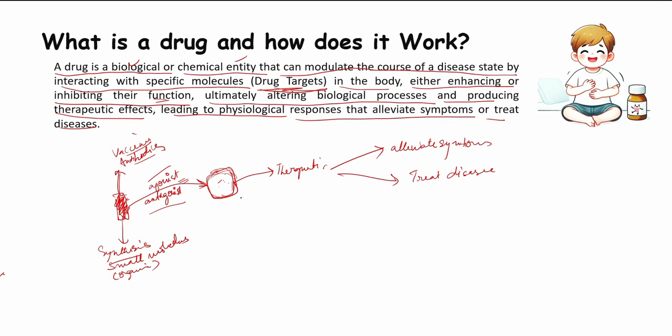So with this understanding, we can take one example. Let's take the example of Alzheimer's disease. Alzheimer's disease is a progressive neurological disorder that can cause brain cells to degenerate and die, right?